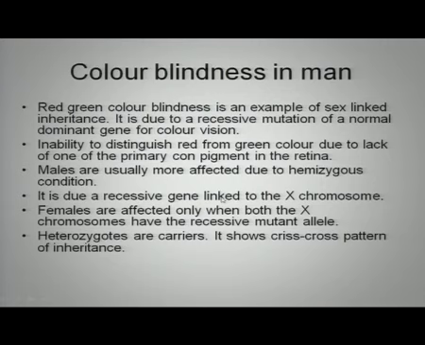That is, only in homozygous recessive condition they produce this disease, color blindness. Heterozygotes are again the carriers. I have already told you it shows criss-cross pattern of inheritance from mother to son and son to daughter.